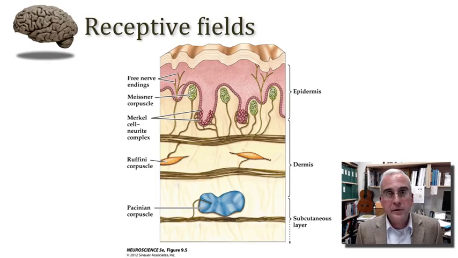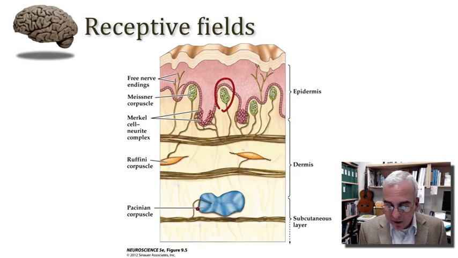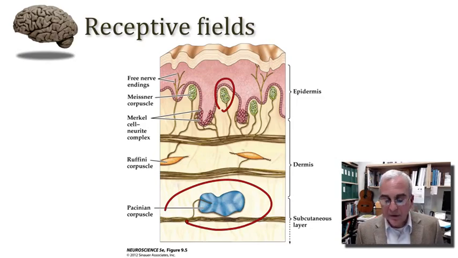Well, we've already looked into the dermis and appreciated the variety of receptor endings that we find there in different parts of the dermis. I'd like to point out that some of these receptors are really quite spatially limited in their extent, whereas others, because of their size and their organization, tend to extend over a greater extent. Well, as it turns out, there is, in fact, a variety of sizes of physiological receptive fields.